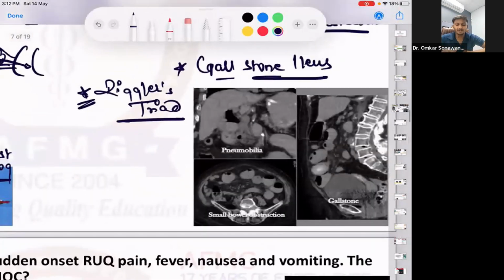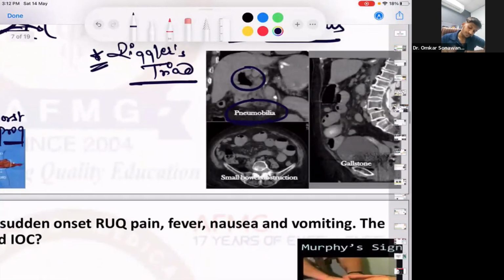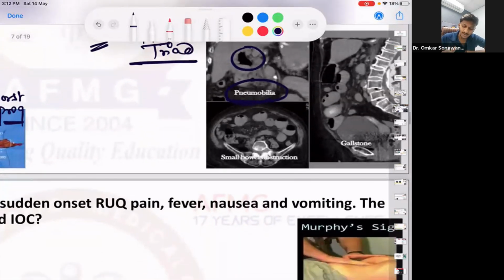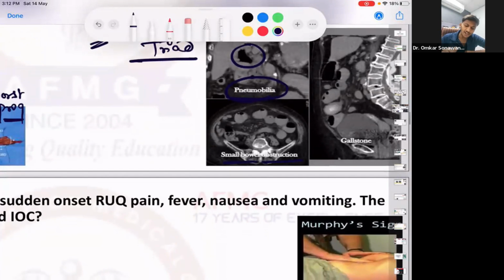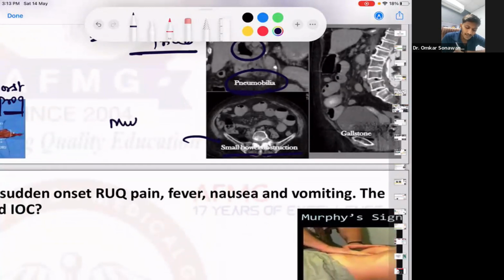And what are the three features of Rigler triad? First, pneumobilia. That means air inside the bile. Here you can see there is air inside the bile. That is what is known as pneumobilia. Second, due to the gallstone in the intestine, there would be small bowel obstruction. Small bowel obstruction, on a CT or on an X-ray, is described as multiple air fluid levels, which are suggestive of small bowel obstruction.